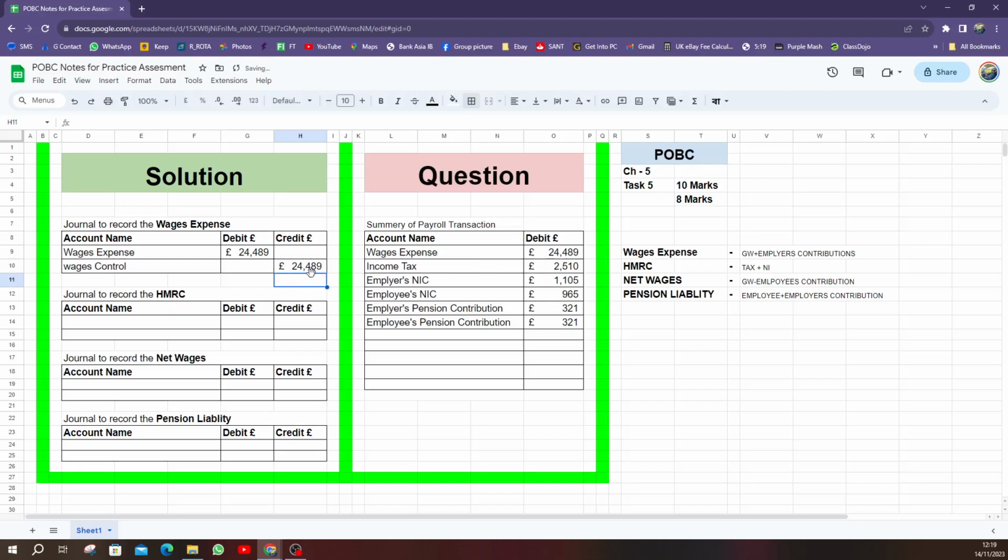Now this 24,489 we need to get rid of, we need to make it 0. So we will see at the end whether we can make it 0. And to make it 0, we need to debit 24,489.